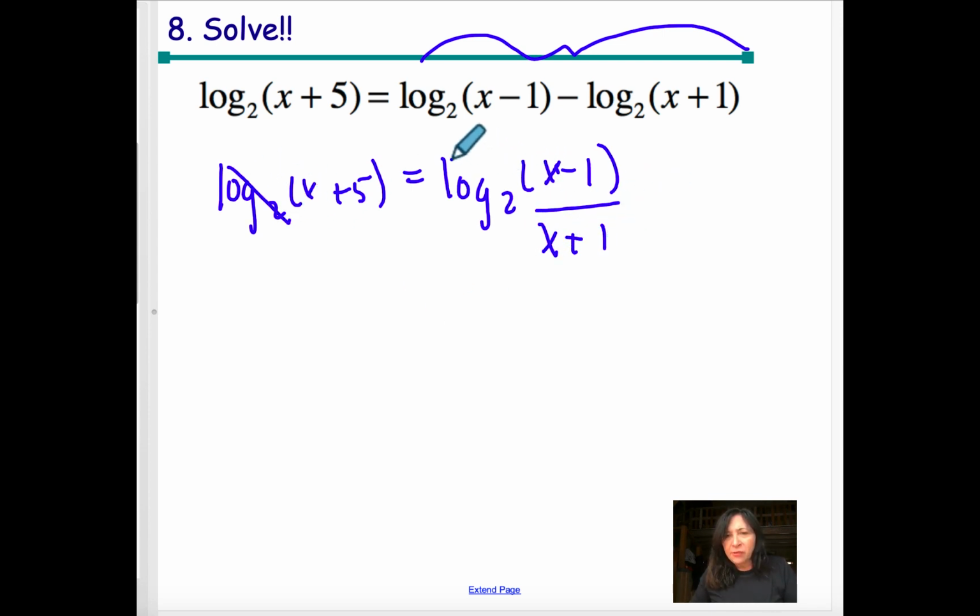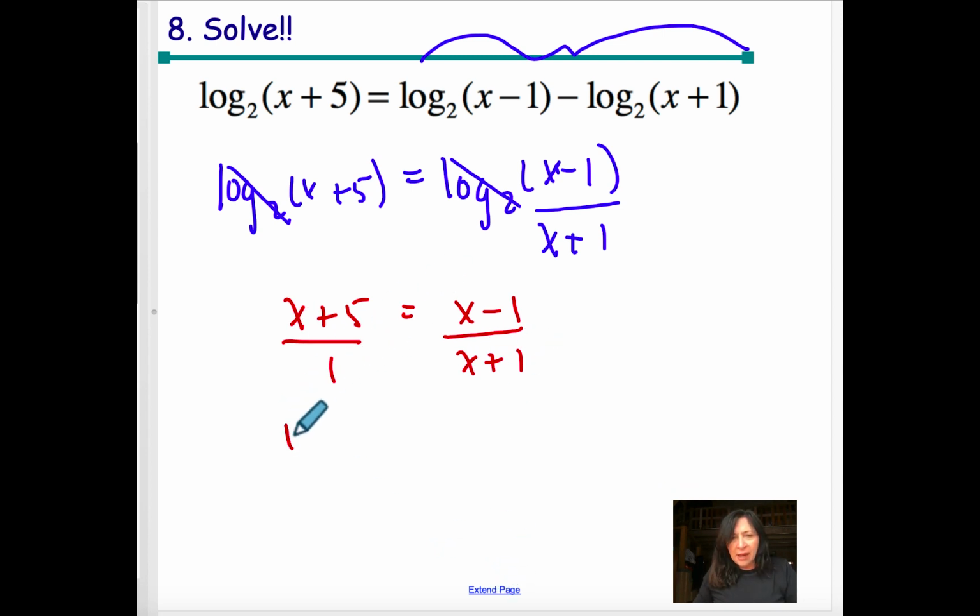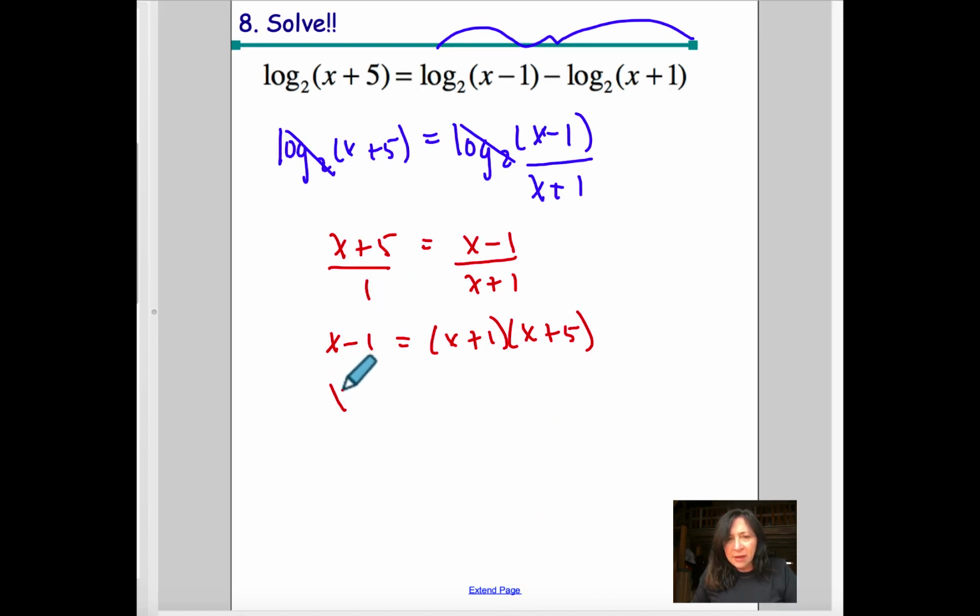My log base 2's will cancel, and I'm left with x plus 5 is equal to x minus 1 over x plus 1. I'm going to cross multiply, and I get x minus 1 equals, and then this times this. I'm going to get x plus 1 times x plus 5, and x minus 1 equals x squared plus 5x plus x, so that's plus 6x plus 5.